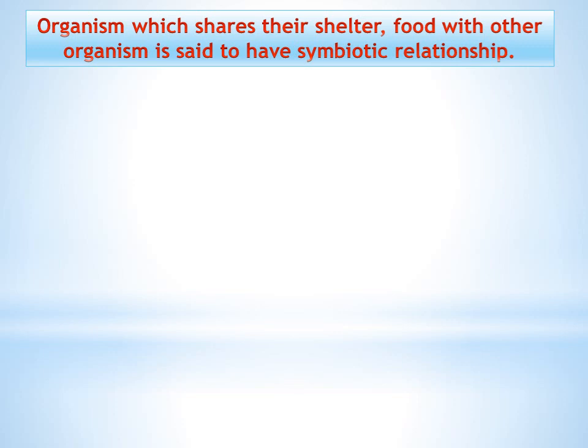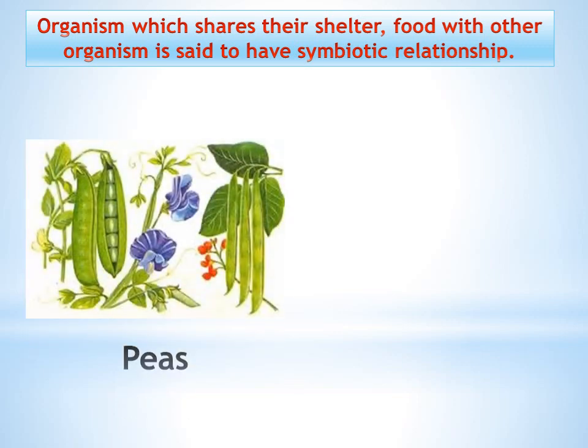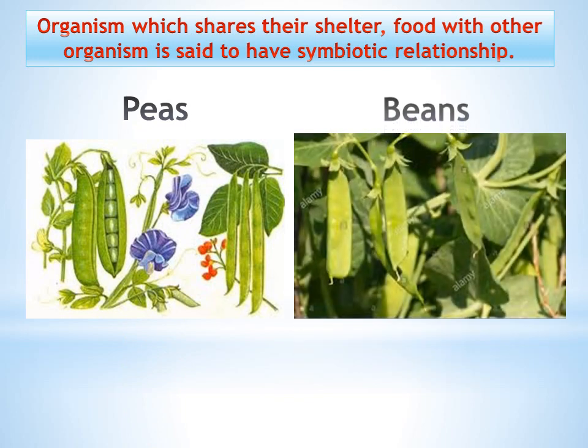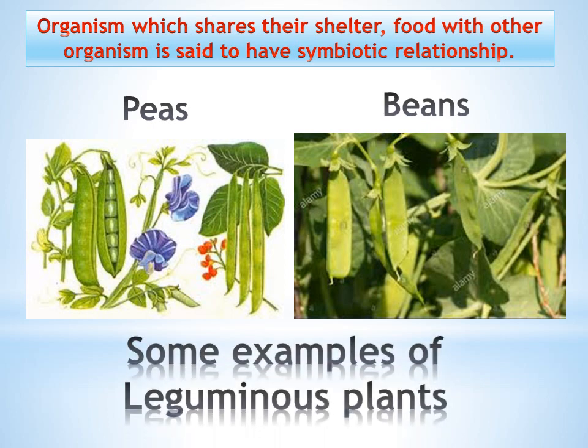For example, leguminous plants like peas and beans share their shelter and food with another organism and maintain a symbiotic relationship between them.